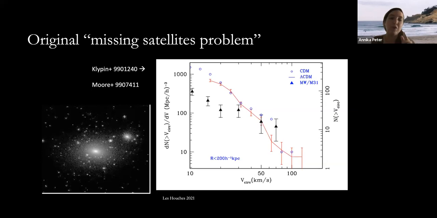So basically, if you put particles on a series of circular orbits, what is the highest speed circular orbit that a particle would have in a halo? And the observations of the Milky Way and Andromeda were these triangles 20 years ago. And the predictions for what you should see in terms of the number of satellites of the Milky Way and Andromeda is more in this red. Okay, so this mismatch was called the missing satellites problem.